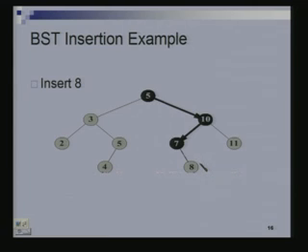So, I put 8 right here, which means that 8 becomes a right child of 7. So basically the point where the search fails, we insert there. Exactly. At whichever point the search fails, because we hit a null reference, we put the node there. That is all insertion is. Everyone with me?